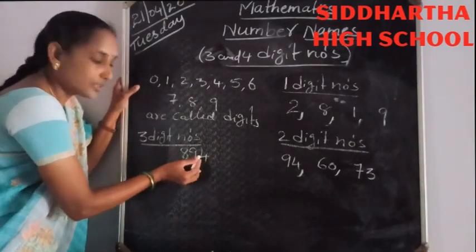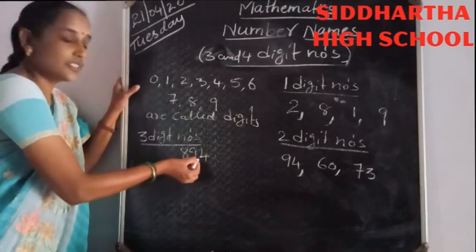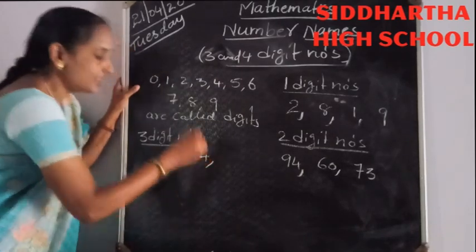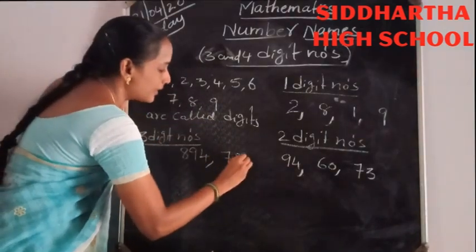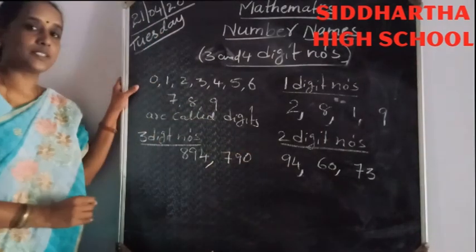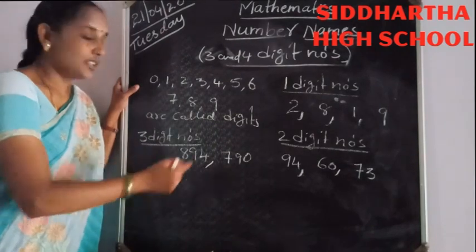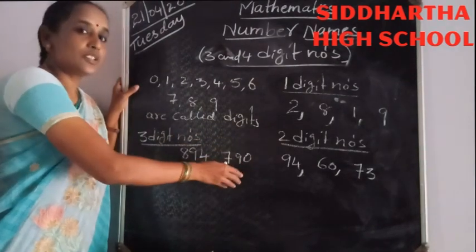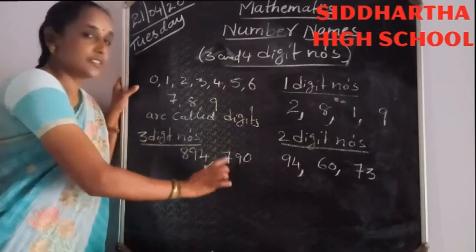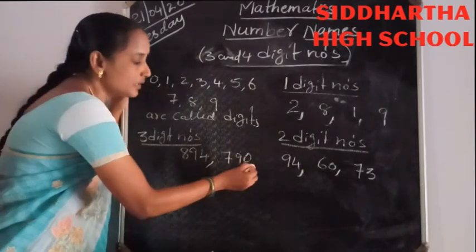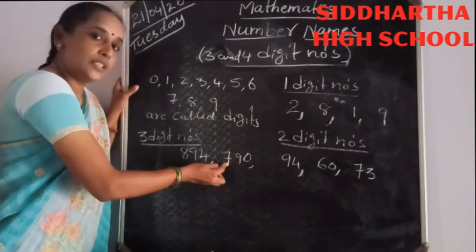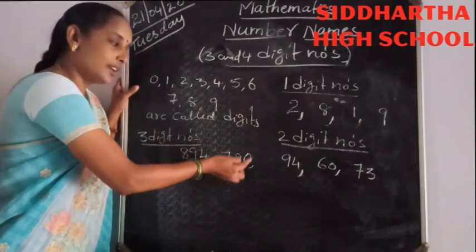I selected 3 digits, that's why this is called a 3 digit number. Now 7, 9, 0. 7 is 1 digit, 9 is 1 digit and 0 is 1 digit. I selected 3 digits and wrote them as a group, so this is also a 3 digit number, 790.